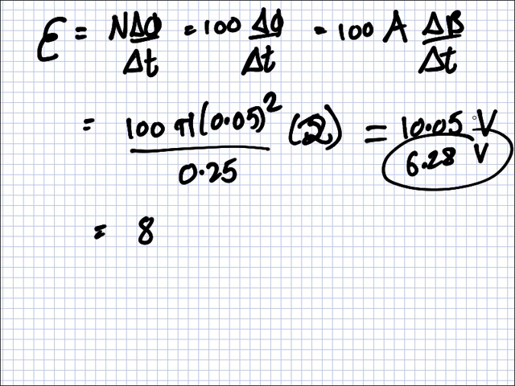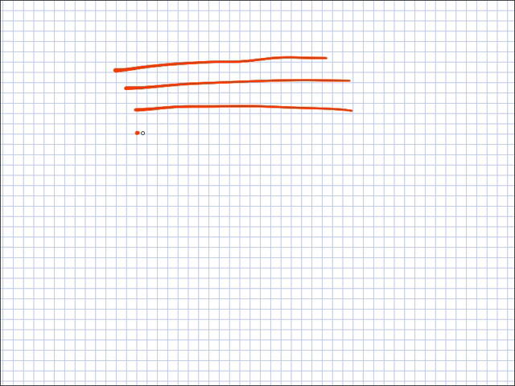Can I do number 5? A small generator uses a magnet of flux density 5 Tesla. So you've got a magnet here, and there's a plane that's rotating.